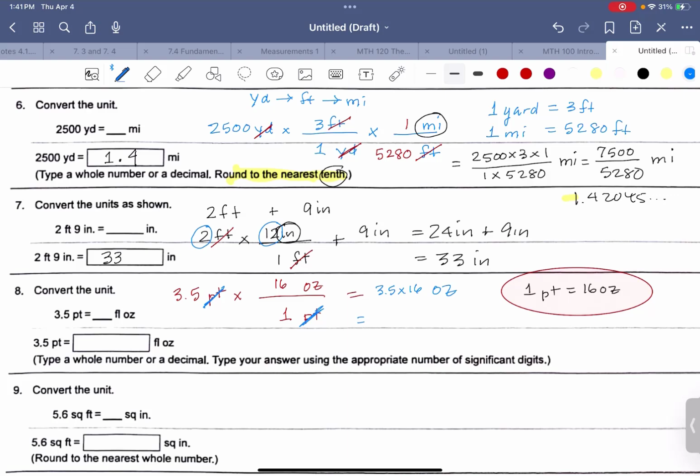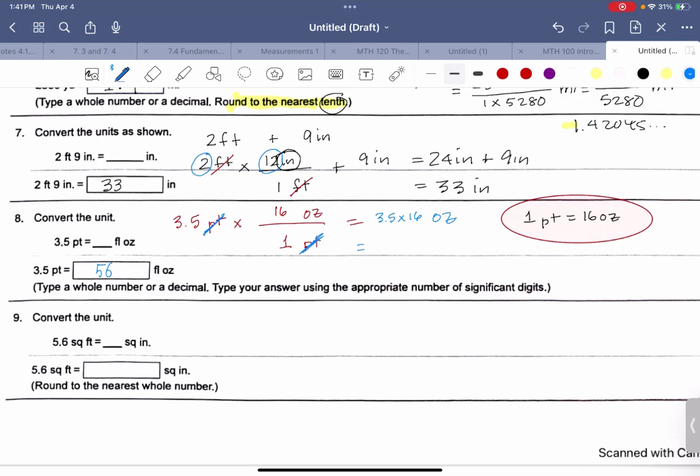So I just take my calculator to do my 3.5 times 16, and I get 56 ounces. And fluid ounces versus weight ounces. So we're talking about fluid ounces here.